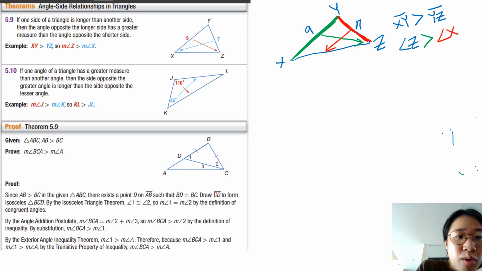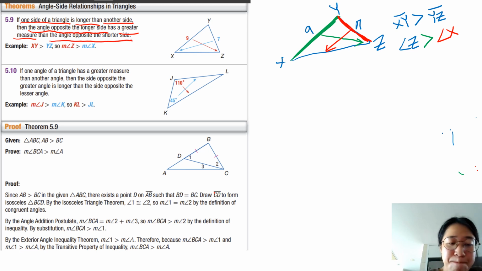It says, if one side of the triangle is longer than another side, then the angle opposite the longer side has greater measure than the angle opposite the shorter side. And its converse also works. So if angle J is greater than angle K, then the side length KL is greater than JL. So let's prove that.